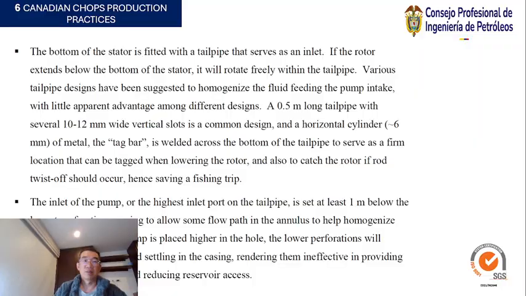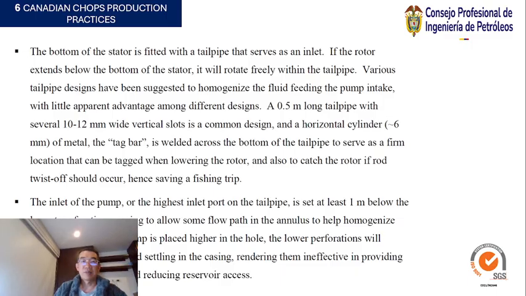Various tailpipe designs have been suggested to homogenize the fluid feeding the pump intake, with little apparent advantage among different designs. A 0.5 meter long tailpipe with several 10 to 12 millimeters wide vertical slots is a common design, and a horizontal cylinder about 6 meters of metal.